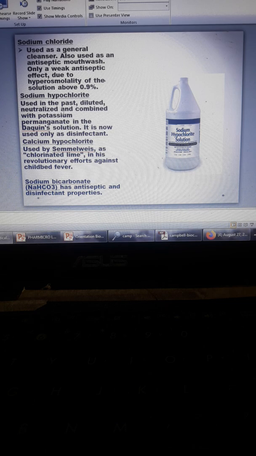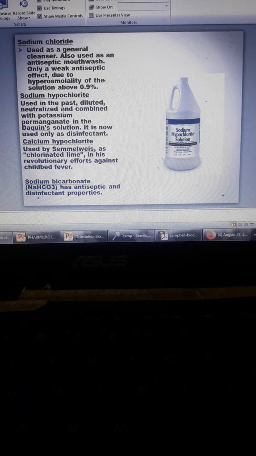Sodium hypochlorite was used in the past, diluted, neutralized, combined with potassium permanganate, known as Dakin's solution or modified Dakin solution. I remember that term from our chemistry class. The teacher said the common name is modified Dakin solution. It is prepared by combining sodium hypochlorite plus potassium permanganate, or KMnO4.